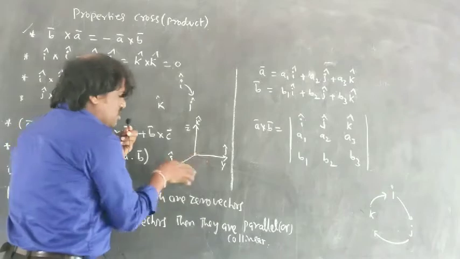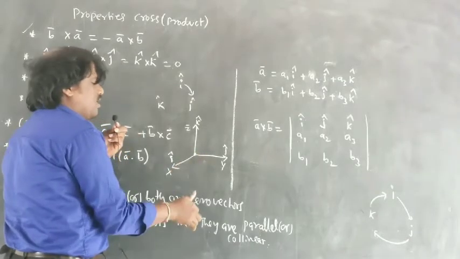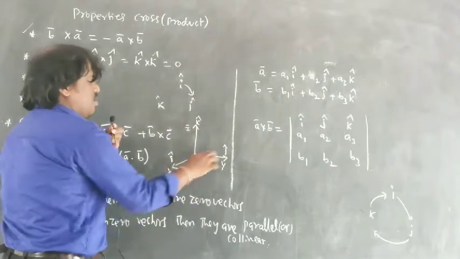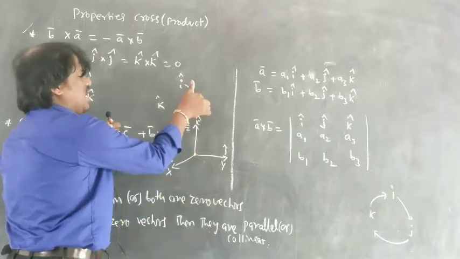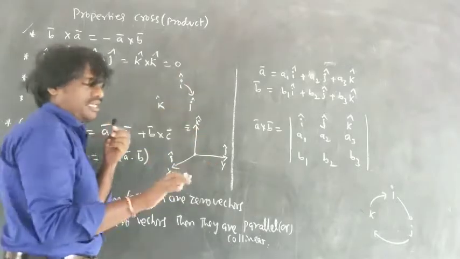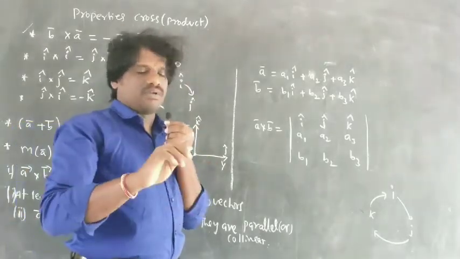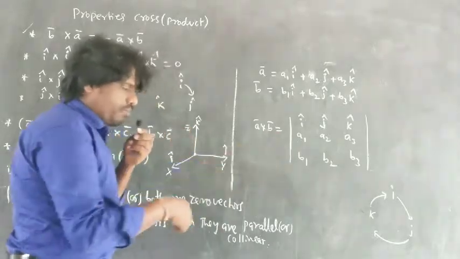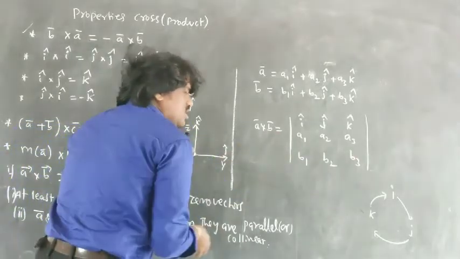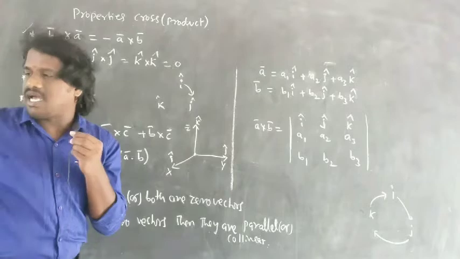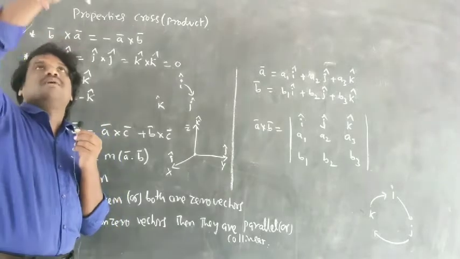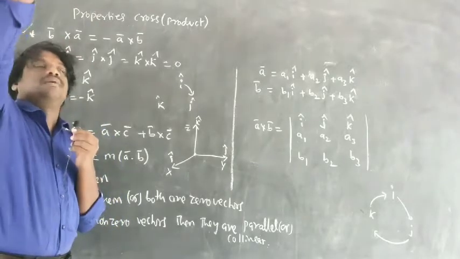Now what will I cross J be here? If I do I cross J, I get K cap on top. See here, this is a room, this is J and this is I. So I cross J will be on top, K cap.